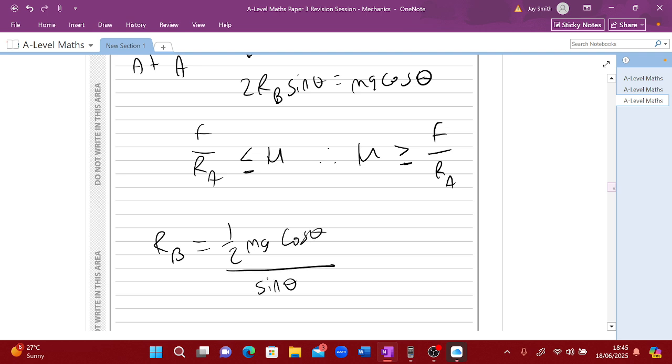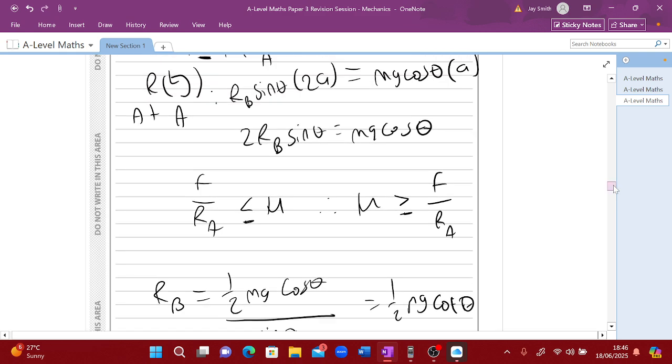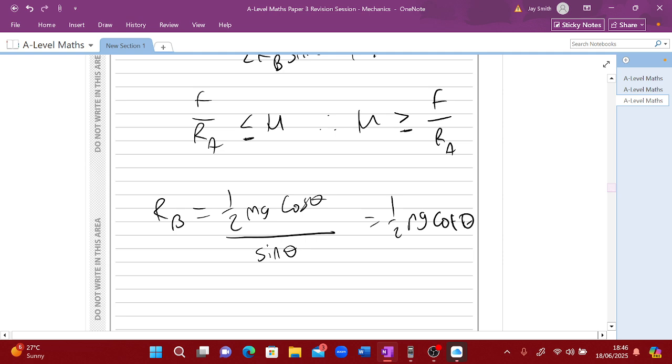But I recognise this is cot, isn't it? This is a half mg cot theta. So F is equal to RB, therefore F is also a half mg cot theta.